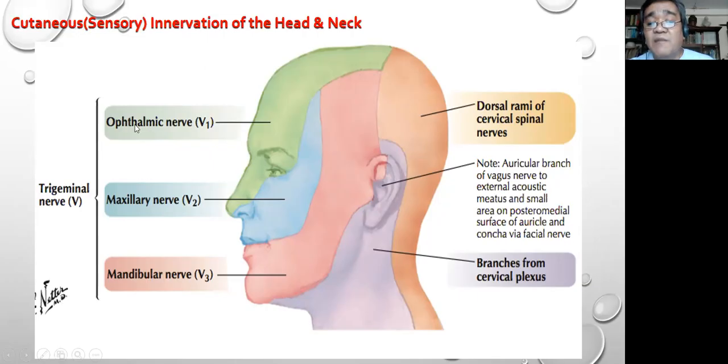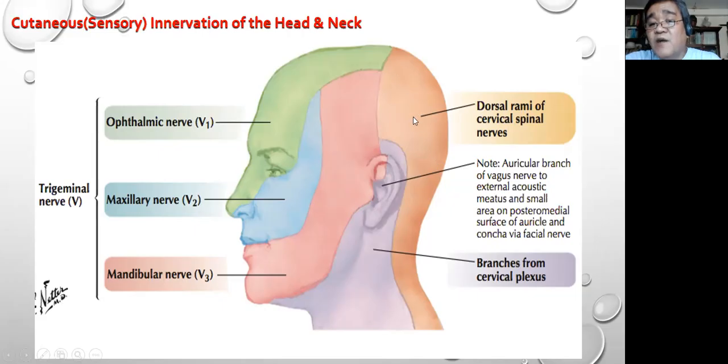We have your ophthalmic nerve, which serves this area over here. You have your maxillary nerve and your mandibular nerve. They are all divisions of the trigeminal nerve. The ophthalmic and the maxillary nerve are purely sensory, while the mandibular nerve has a motor component, as we will learn later on. What is this motor component of the mandibular nerve?